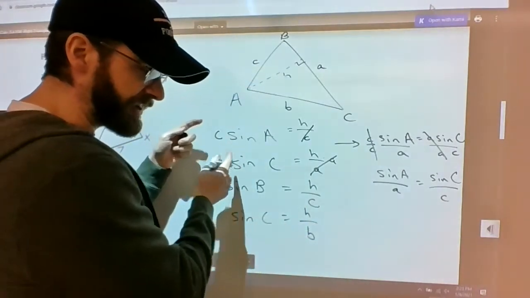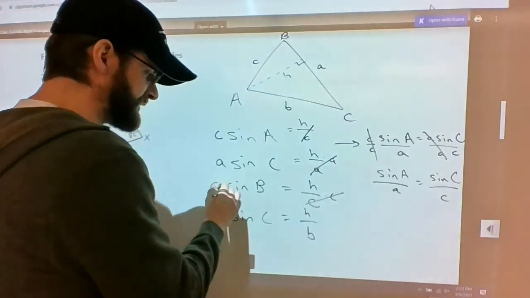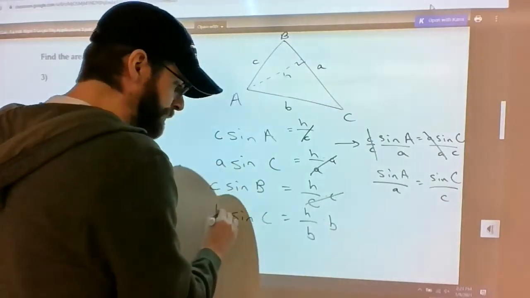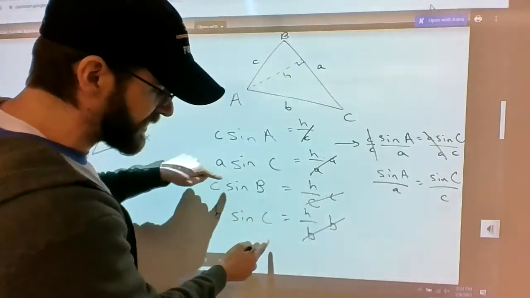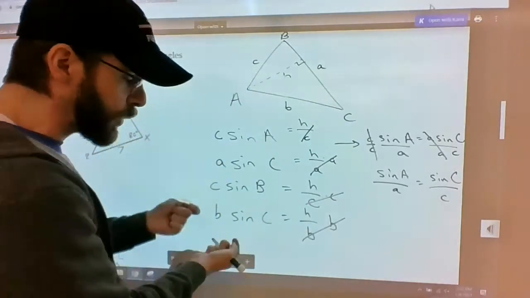Similarly to the previous investigation, multiply both sides by C, multiply both sides by B. Now the H's are by themselves, which means if both of these equal H, both of them equal each other.